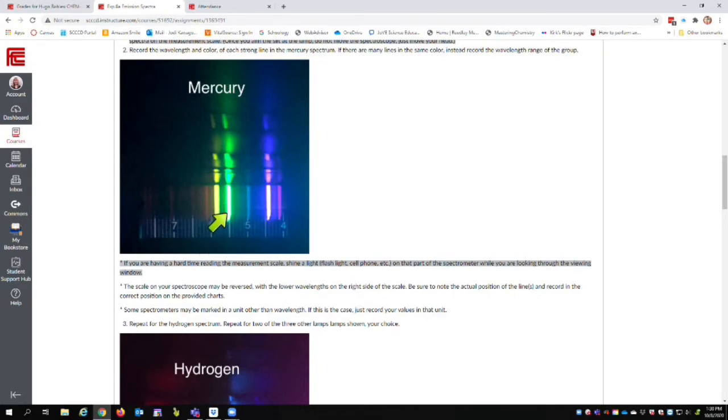That's green. This, I'm pretty sure, is background. This is the blue line, and this one over here is the violet line. Not super obvious. We're going to identify where they are on the scale for this spectroscope as best we can. Obviously, we're not going to be super precise like in the example.